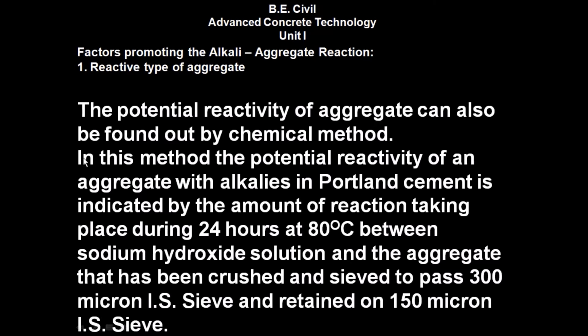Here in chemical method, the potential reactivity of an aggregate with the alkalis in Portland cement is indicated by the amount of reaction taking place during 24 hours at 80 degrees Celsius between the sodium hydroxide solution and the aggregate that has been crushed and sieved to pass 300 micron IS sieve, Indian Standard sieve, and retained on the 150 micron IS sieve.